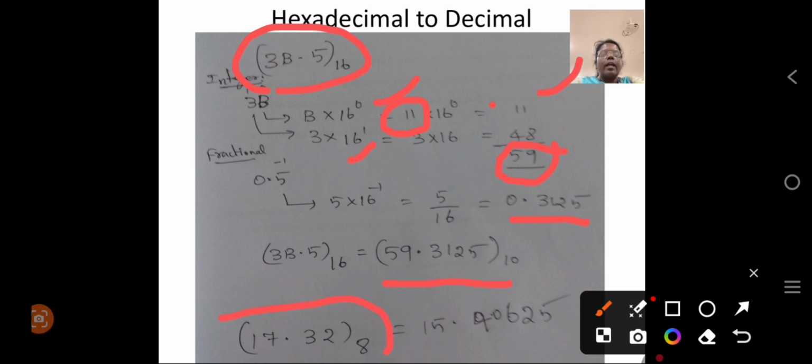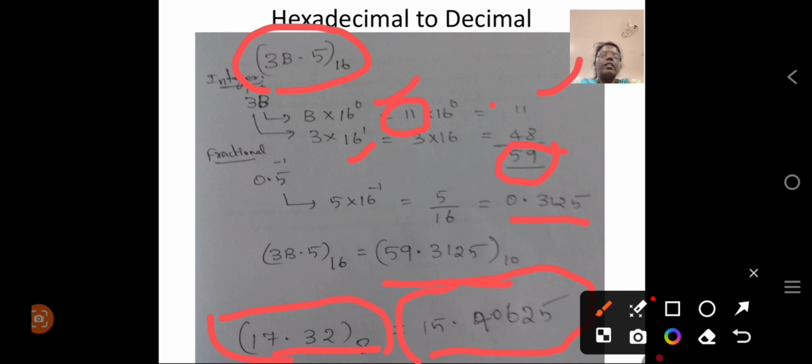Similarly, we can perform the octal to decimal conversion. 17.32 is the octal number given. You can work it out yourself and verify the solution. You should get 15.40625 in decimal. How can we perform this? Here in octal to decimal, each and every digit should be multiplied with a power of 8.